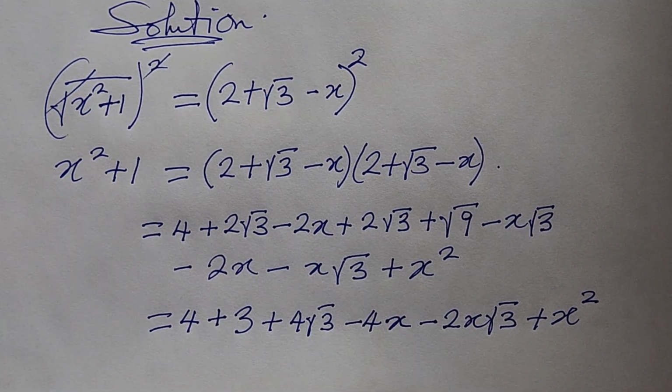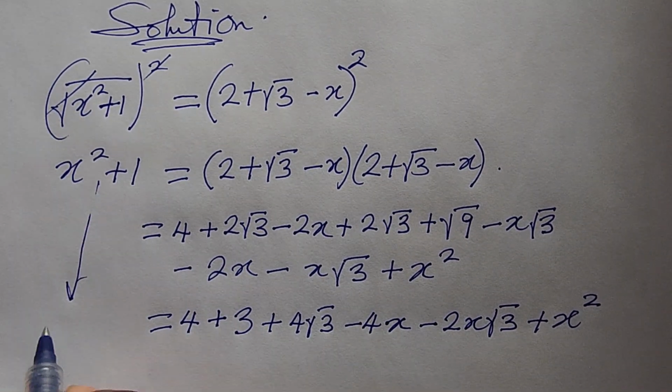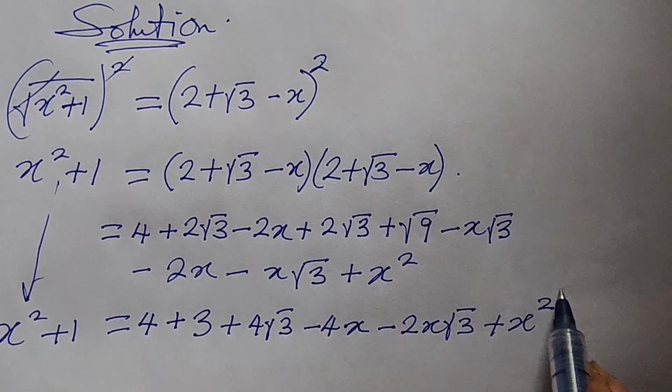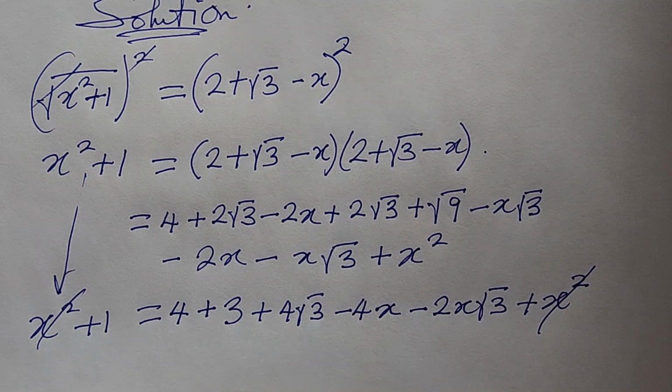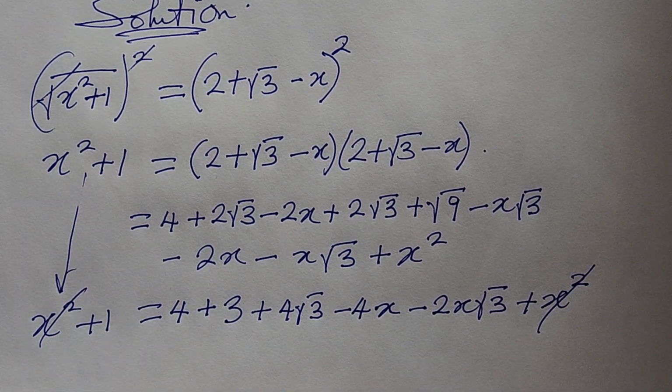Okay. Now on this side, remember we have this down here, which is our x to the power of 2 plus 1. Here, this x will go with this x, because if you move this positive x to this side of the equation, it will turn to minus.